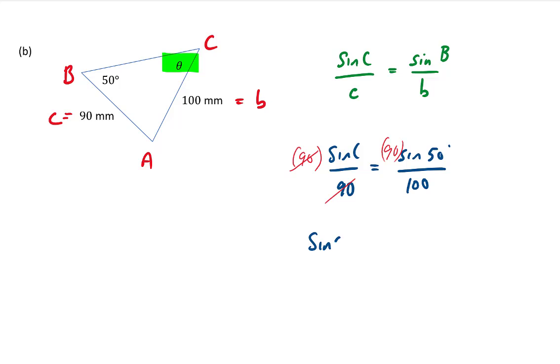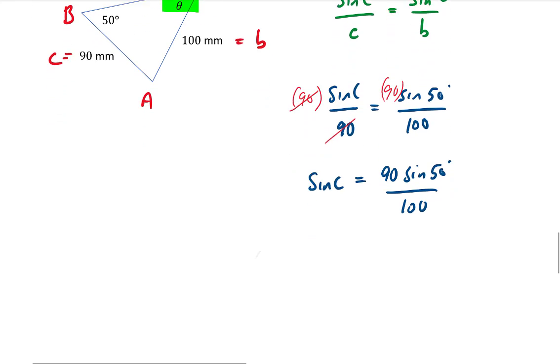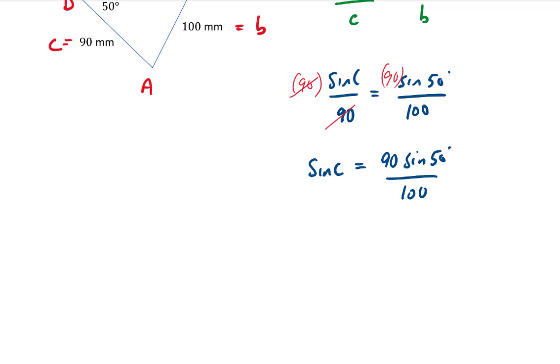And now we have sine of angle C is equal to 90 sine of 50 degrees divided by 100. Remember, we're looking for an angle, so this is where we have to do the sine inverse, or the sine minus 1 of our answer. And only when we look for an angle do we use this sine minus 1.